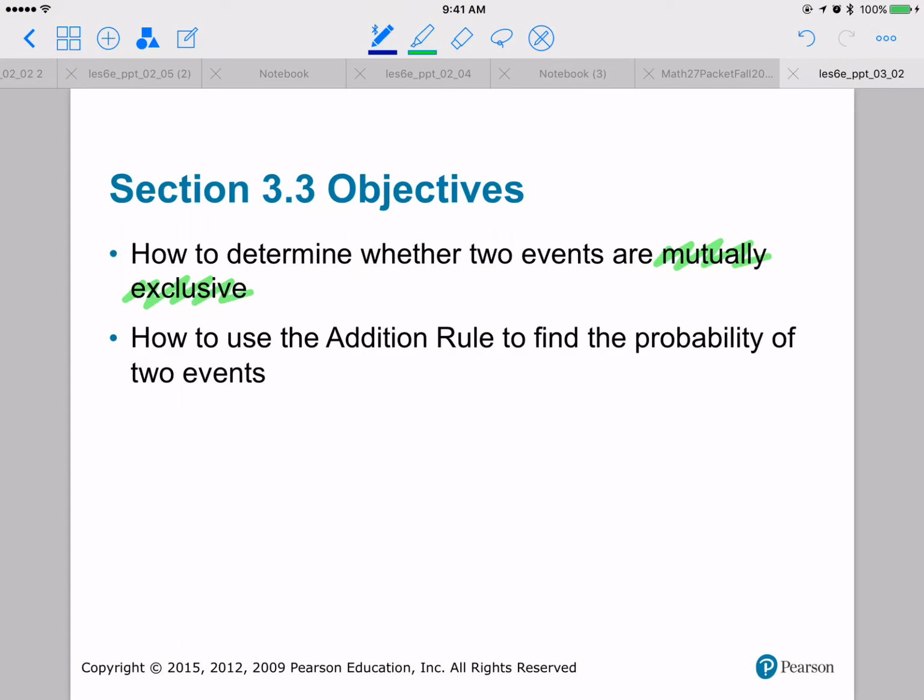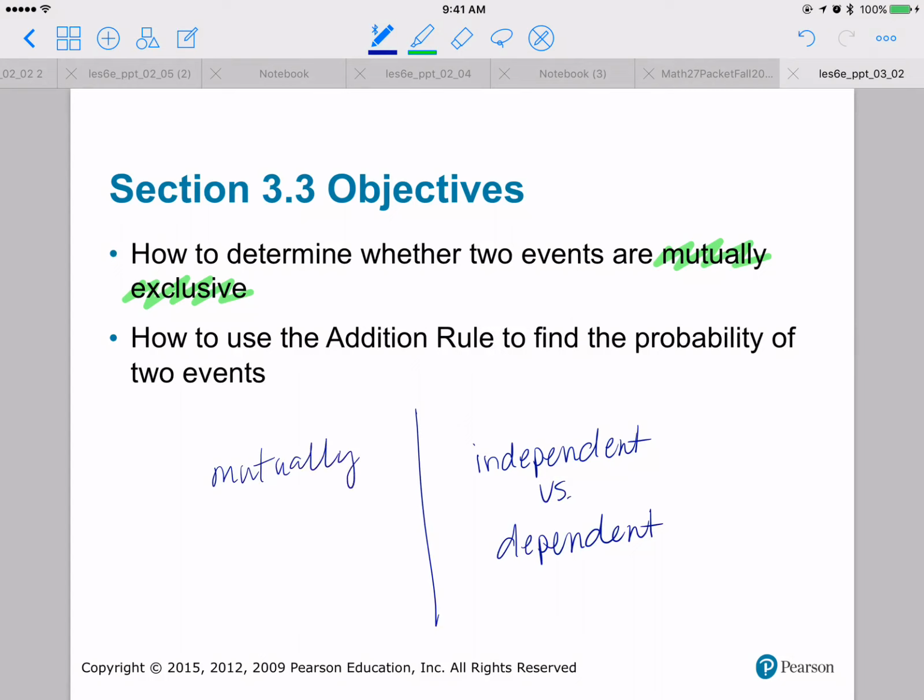that is essentially in contrast with independent. So we had independent versus dependent, and now we are looking at variables being mutually exclusive or not mutually exclusive.